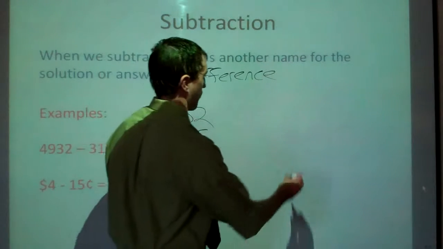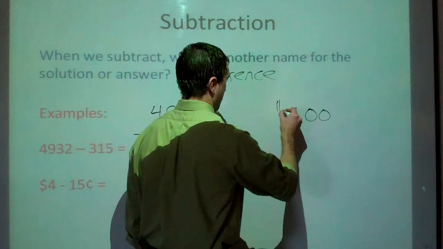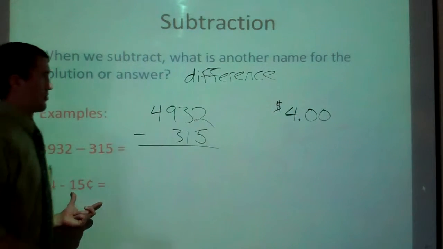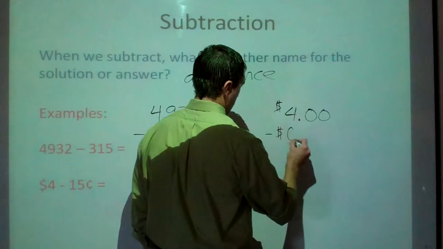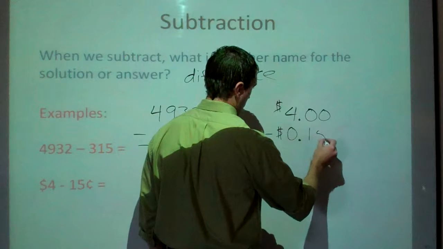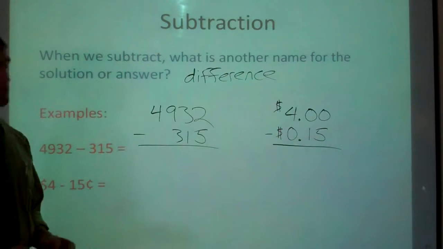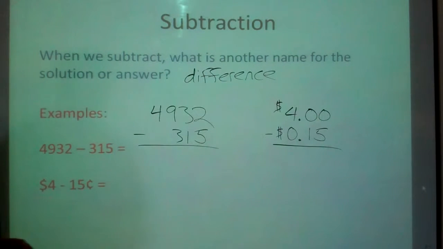So I'm going to change $4 into its decimal form, and I'm also going to change 15 cents into its decimal form, and we'll do our subtraction. So we've got 0.15, and that's how we would set that up. Alright. Moving on.